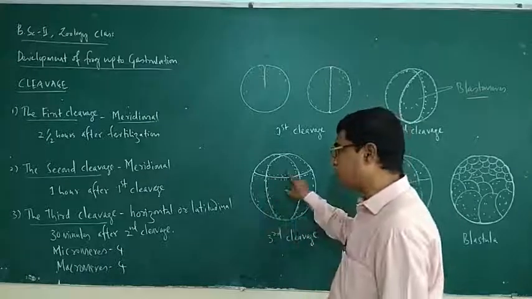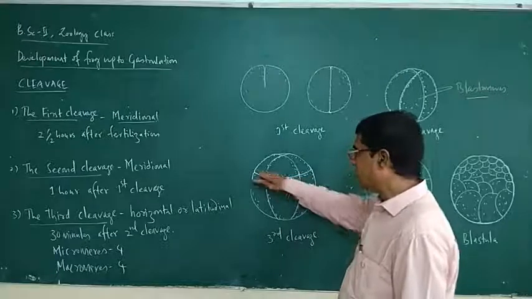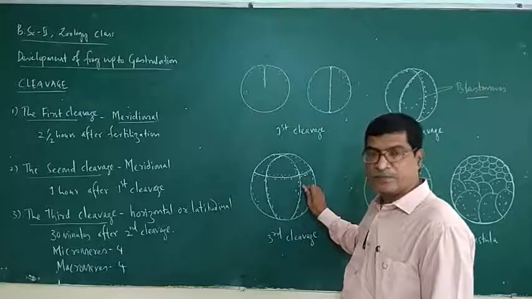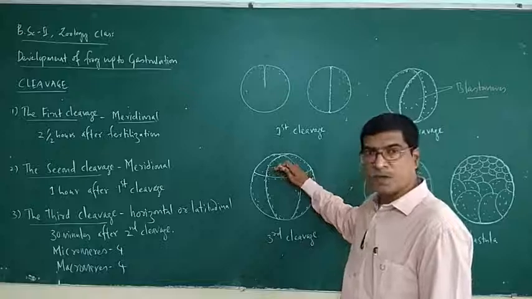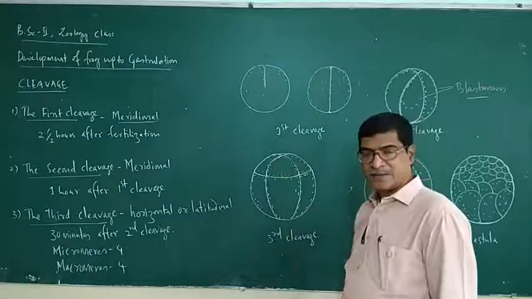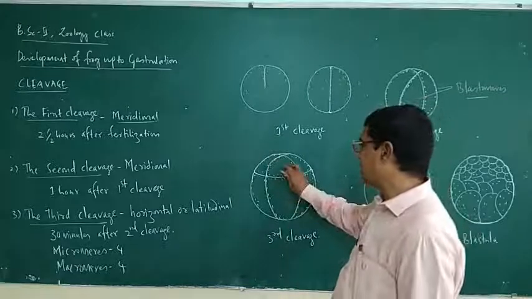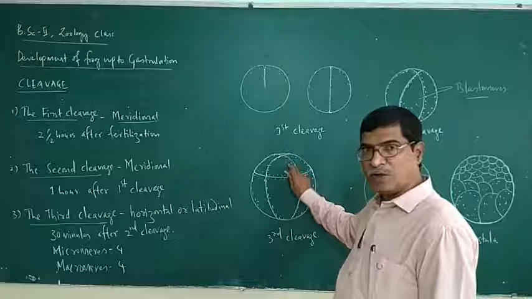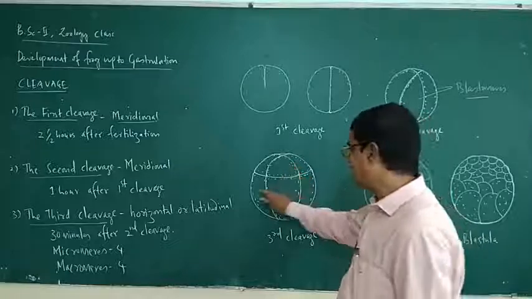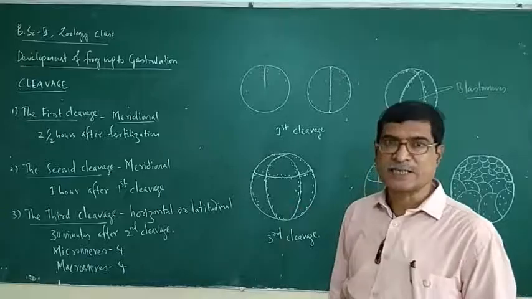This latitudinal or horizontal plane occurs above the equator of the egg. Therefore, here cell size differs. The cells towards the animal pole are smaller in size, and the cells towards the vegetal pole are larger in size.